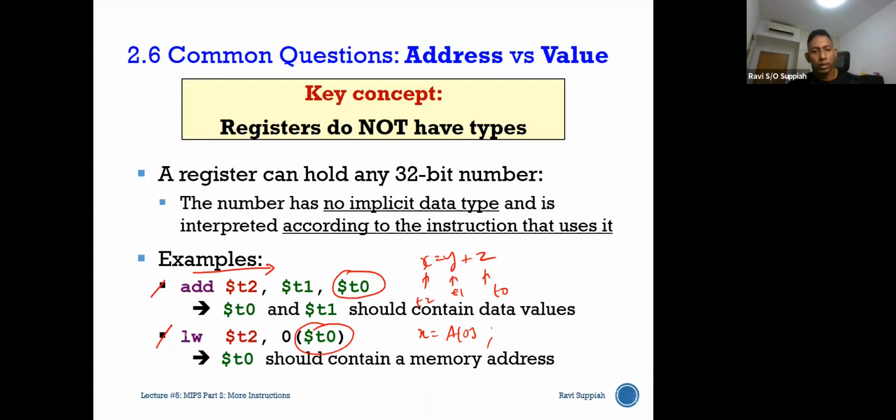Similarly, for the load word, before I execute the load word instruction, I must have an earlier instruction that loads T0 with the correct memory address, or the base address, that I want to point to. These are all the important things we must understand and do when we are looking at assembly language programming.